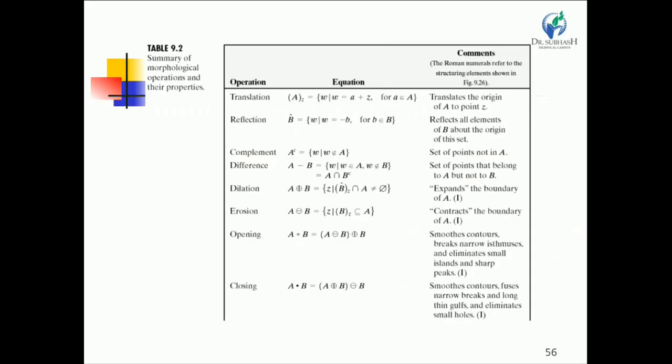So this is the summary of all the morphological operations and their properties. First one is the translation, second one is the reflection.